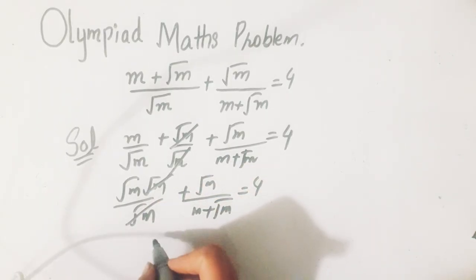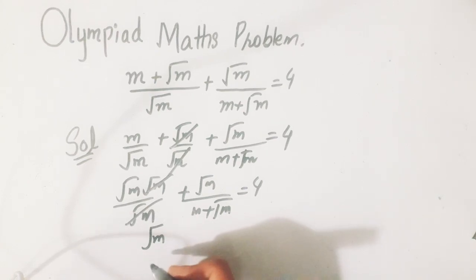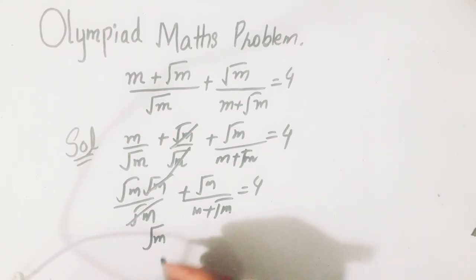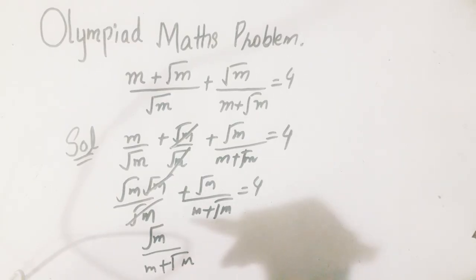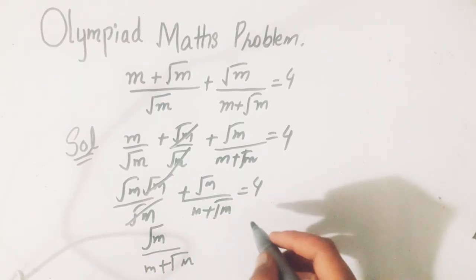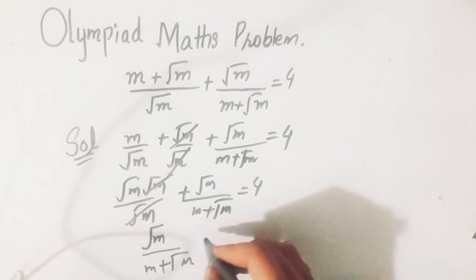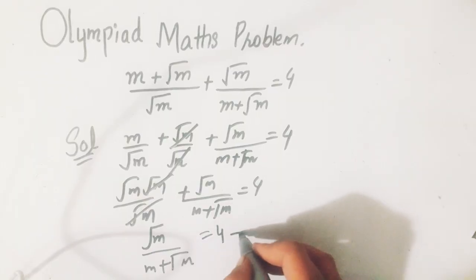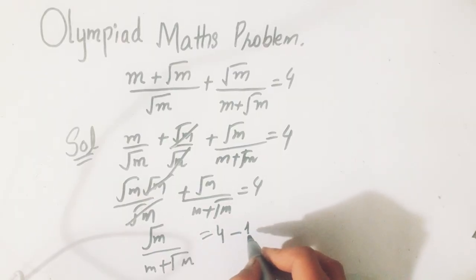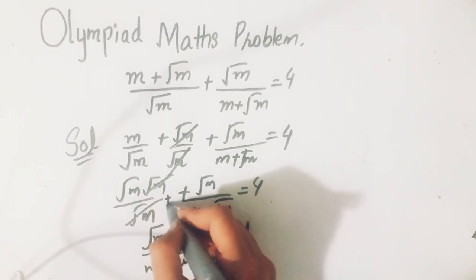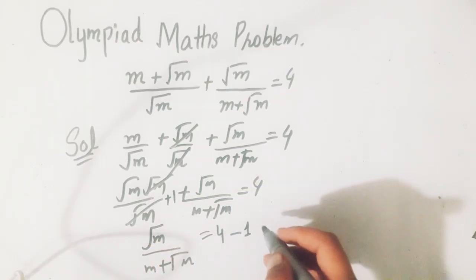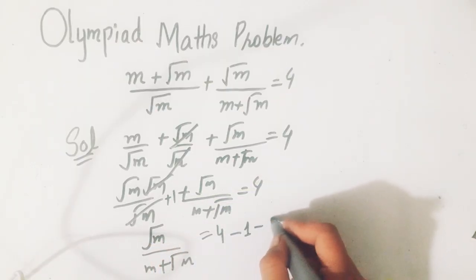So we have root m, then root m divided by m plus root m equals 4 minus 1. Here will be plus, so this will be minus 1 minus root m.